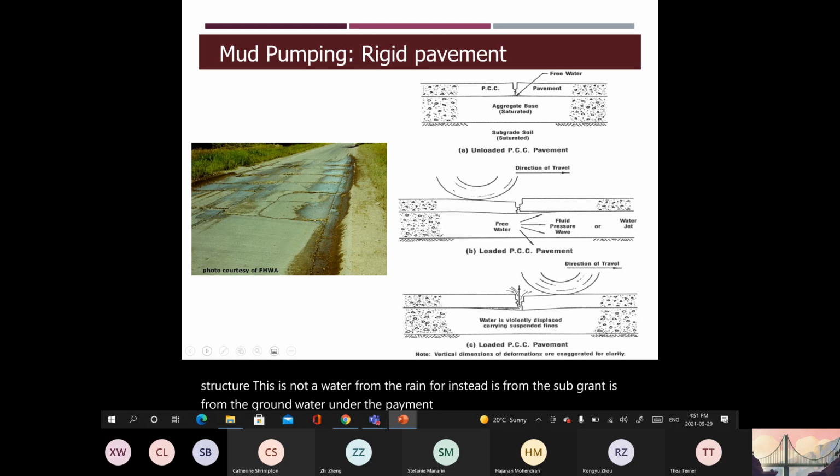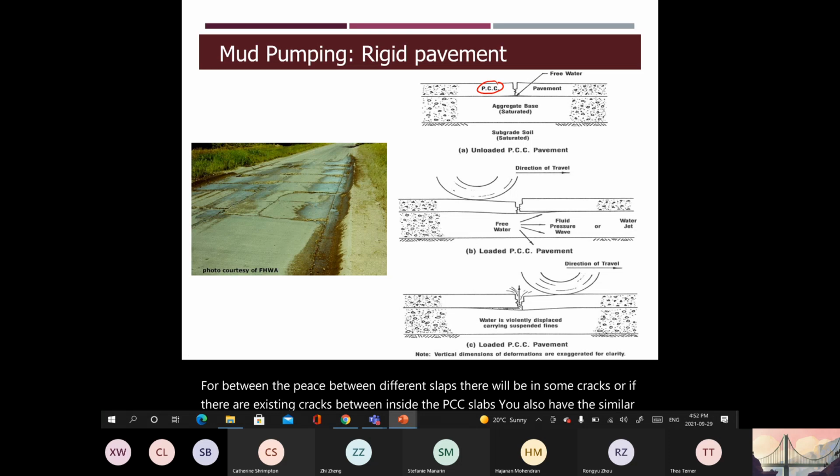And this usually happens for the rigid pavement. You know that for the rigid pavement, we will usually have the PCC slabs placed on the surface of the pavement structure, and between different slabs there will be some cracks, or if there are existing cracks inside the PCC slabs, you will also have a similar effect.